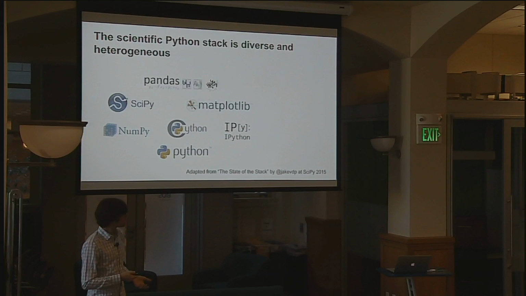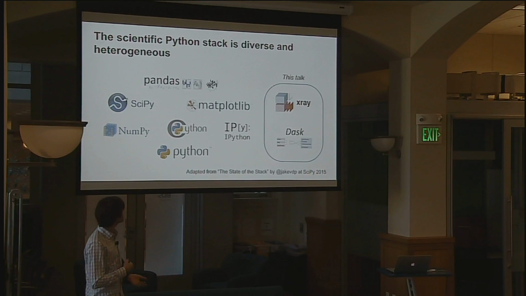I'm going to suggest a couple of tools that I've worked on, which might make sense as possible additions to this SciPy stack. Each one of these tools does one of the things I've been talking about. Xray is a library that I'm the main author of for working with labeled multidimensional arrays.